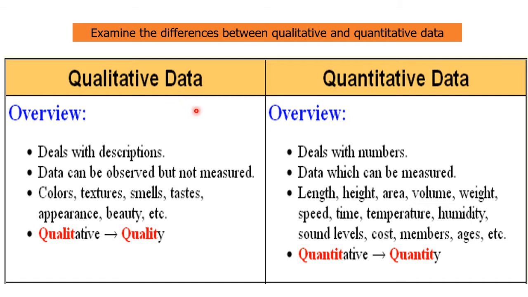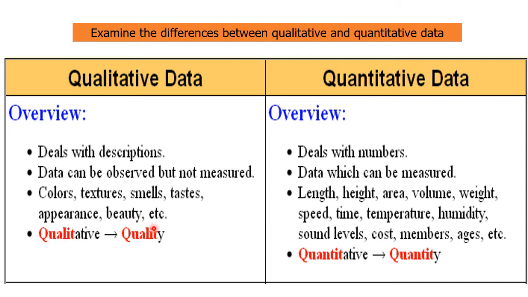So let's compare qualitative and quantitative data. Qualitative is about description, boys or girls, black or white. Data can be observed with our own eyes, but it's not measured or calculated. It is about colors, texture, smells, taste, appearance, beauty.